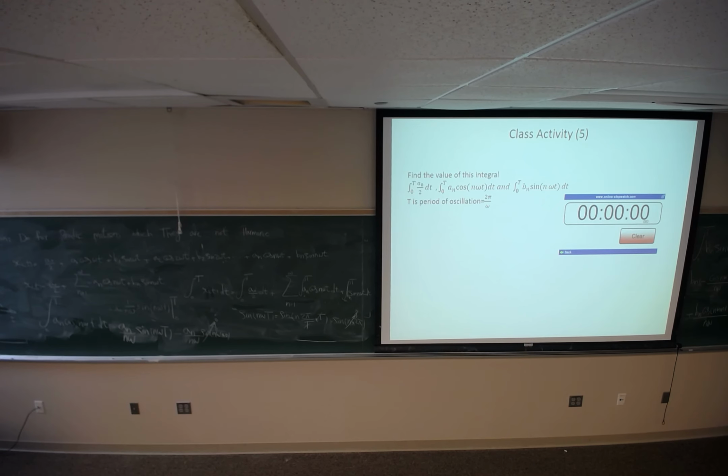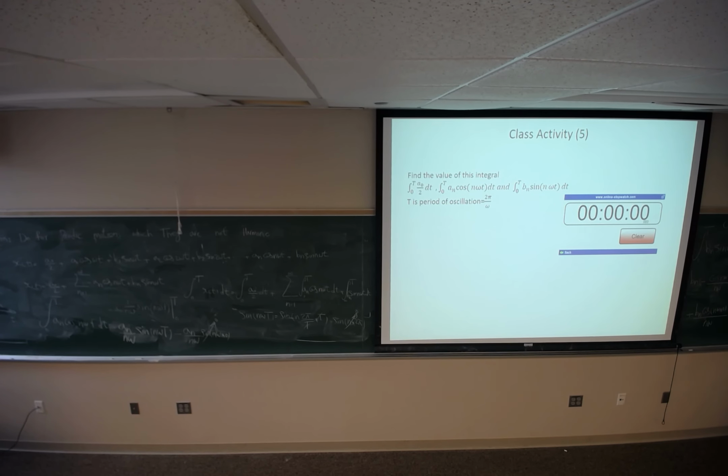So let's look at this. Cosine of n omega capital T, where omega is 2 pi over T. Cosine of n times 2 pi over T times T. I can cancel out these two T, so I will get cosine of n 2 pi.